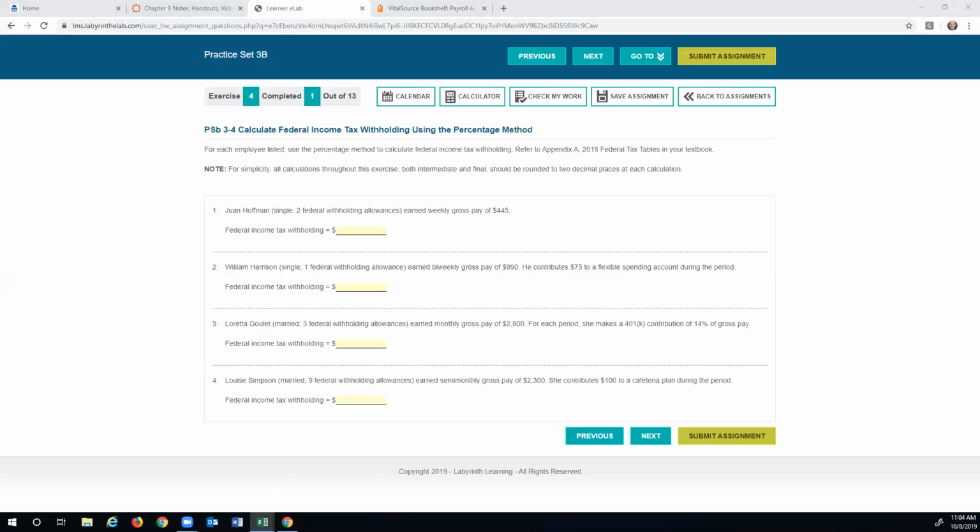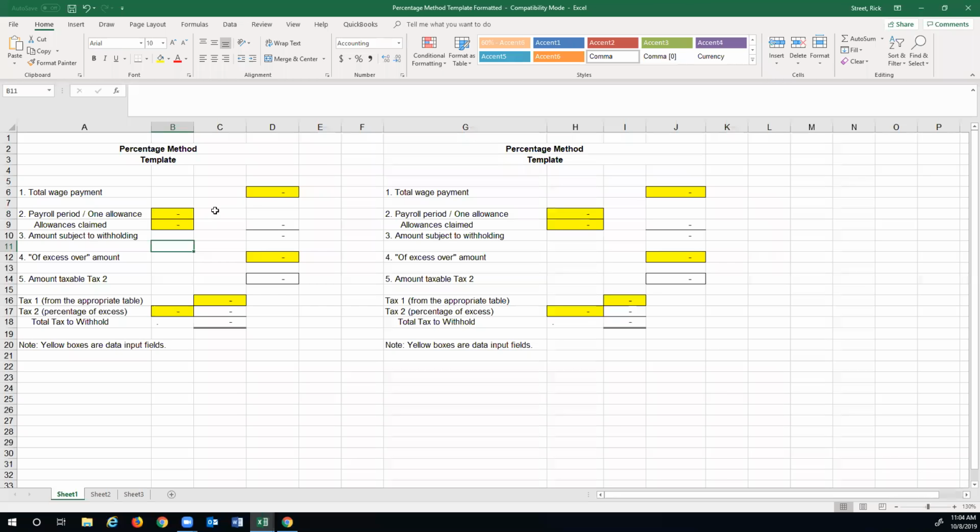Okay, so I bring the template up. I just got two examples here. We know that the total wage payment is $445. The pay period is weekly, so we need to know how many allowances are claimed. We know that's 2.